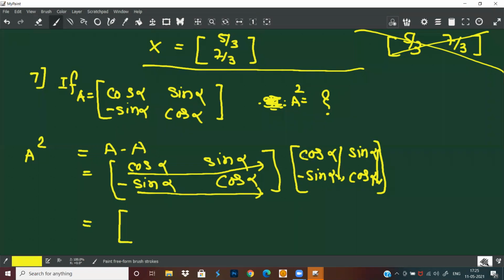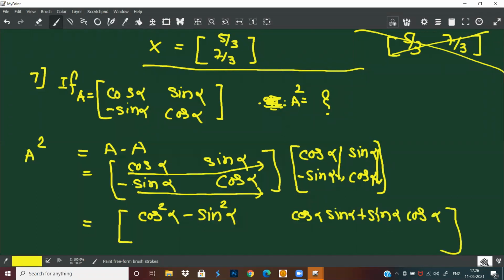So it is cos alpha into cos alpha, which is cos square alpha, sin alpha into minus sin alpha, which is minus sin square alpha. Then this into this, it is cos alpha sin alpha plus sin alpha cos alpha. Then you multiply this by this, minus sin alpha cos alpha minus plus cos alpha into minus sin alpha, that is minus sin alpha cos alpha, and this into this minus sin square alpha plus cos square alpha.